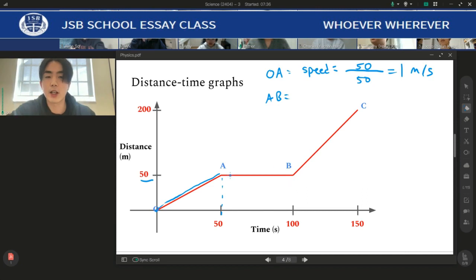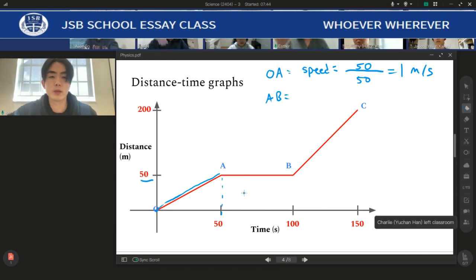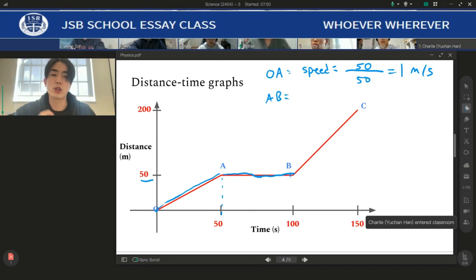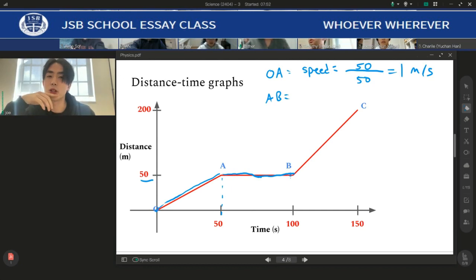So okay, what's the car doing? Is it moving? Is it stopped? Is it going backwards? What do you think? Still same distance. Same distance, right? So what does that mean? The car is doing what? Same speed? Speed of what?